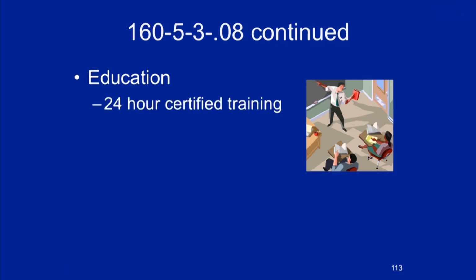Again, continuing on with continuing education, you must have 24 hours of certified training. So by certification, the state is going to have specified what is done, and then it's got to be documented. So the 24 hours of certified training includes the 12 hours of state classroom, a minimum of 6 hours driving an empty bus with a certified trainer, and a minimum of 6 hours driving a bus with students with a trainer.